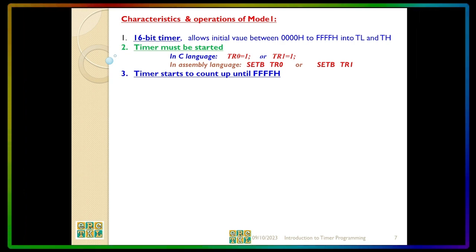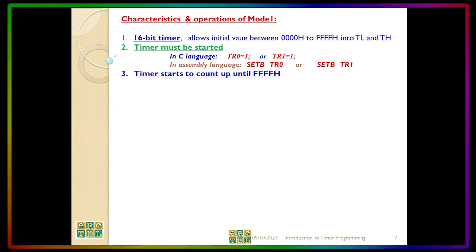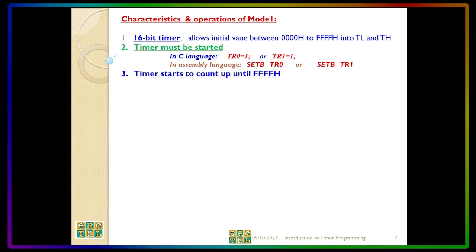Third, the timer starts to count up until FFFF in hexa as we have written here. But we can also write it in binary, though it will be very long because the binary equivalent is 4 ones for every F. So it will count up until 1111 1111 1111 1111, and that's too difficult to say or to write.